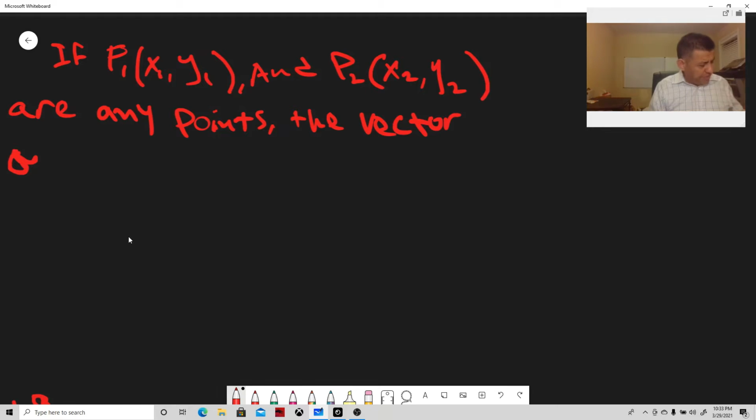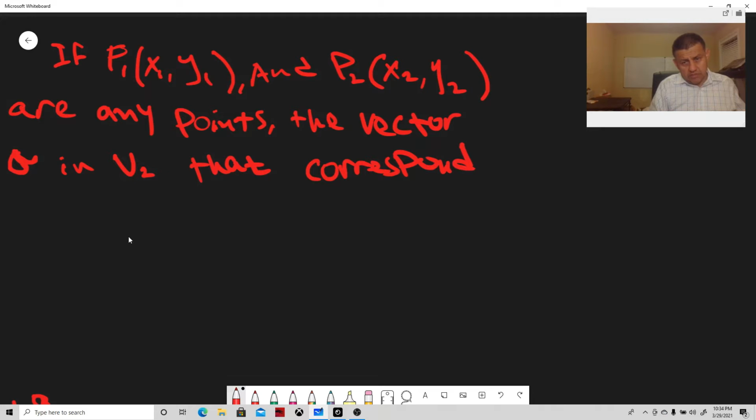Vector A in R2 that corresponds to P1, with a vector like this, P2.